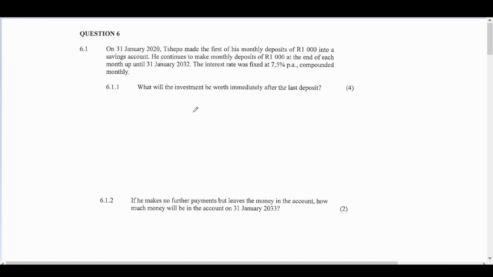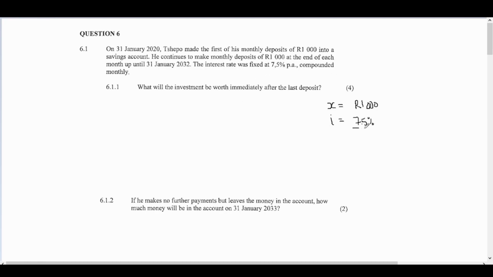Okay, so let's start with what we have. We have our continuous payments each month, so that is our x value, which equals 1,000 Rand. We've got our interest, which is let's call it i, which is 7.5% per annum compounded monthly.